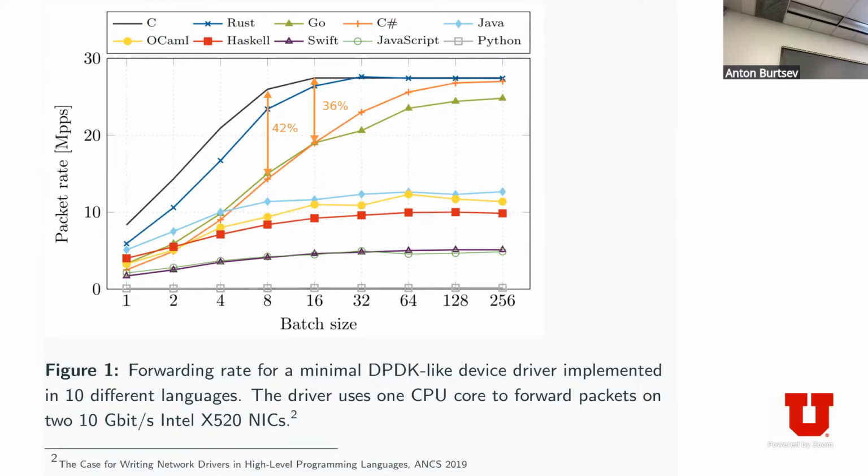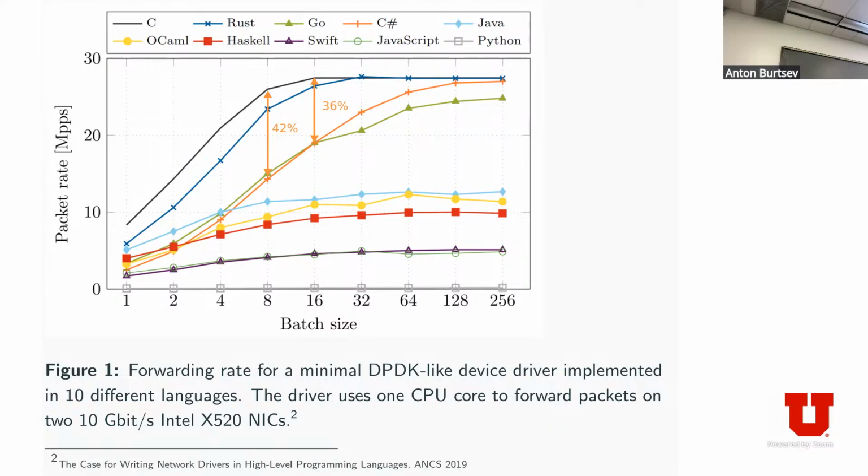This is a user-level device driver, part of the Data Plane Development Kit, which runs a user-level device driver in Linux. In this study, they used both 10 Gbps and 40 Gbps Intel X520 network interfaces. Those are reasonably fast, especially 5 or 6 years ago.